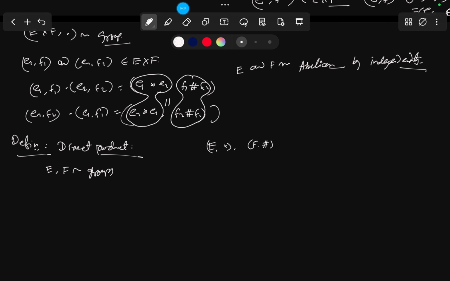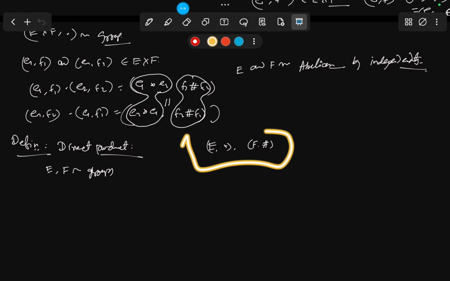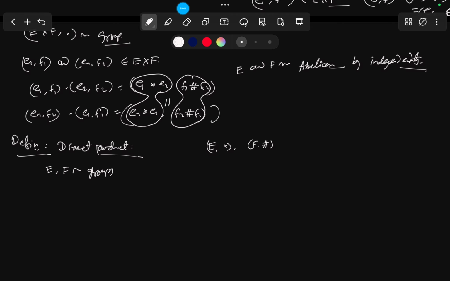Whenever I say E and F are two groups, you have to understand that I'm associating some binary operations with the group. Every time I will not write it in this form, but you have to understand it by default. So whenever we have E and F as two groups, we have E cross F, which is said to be the direct product.